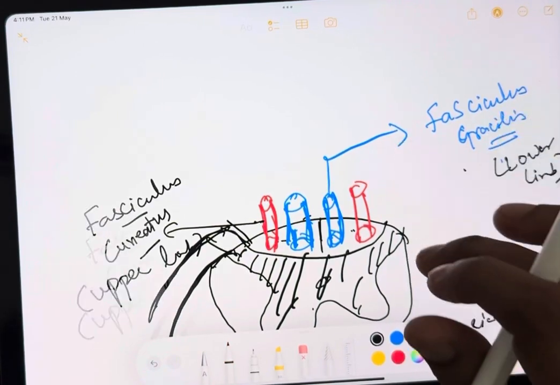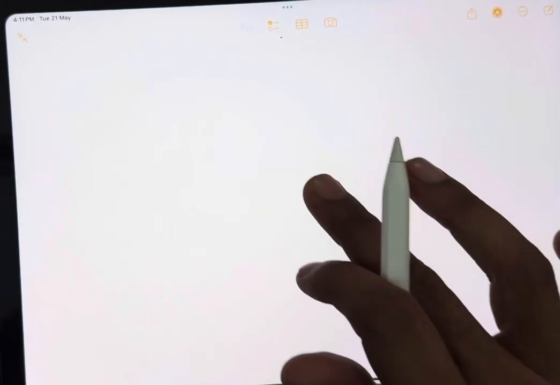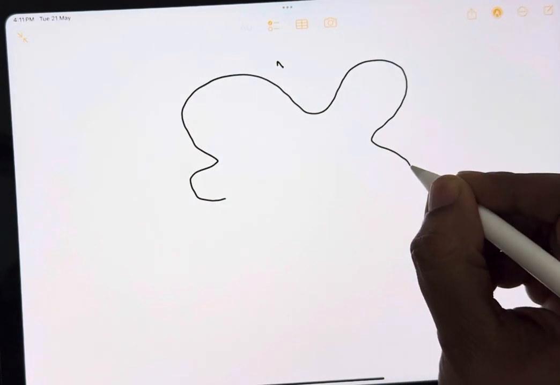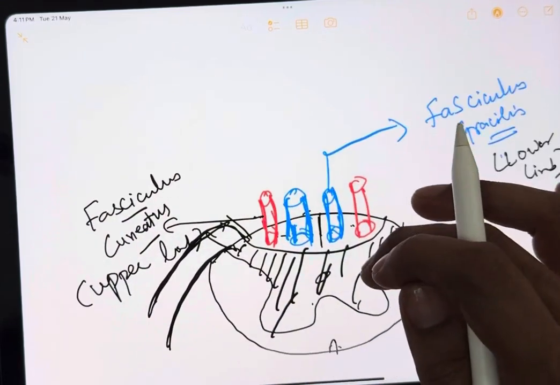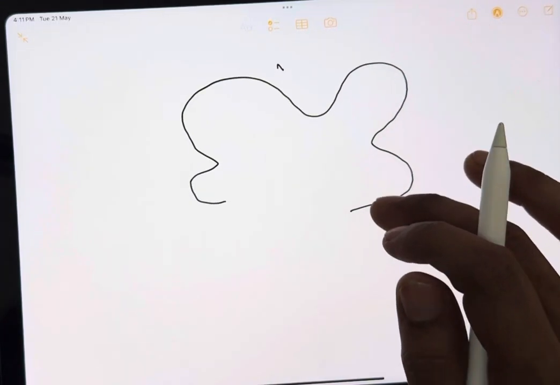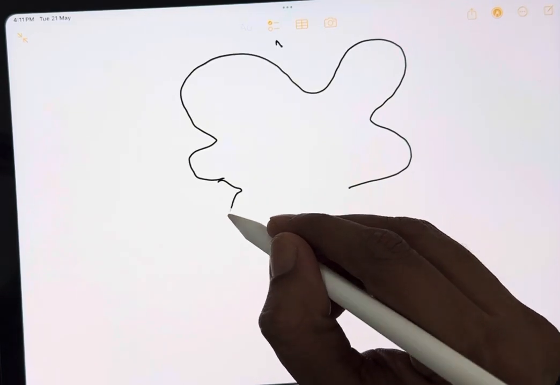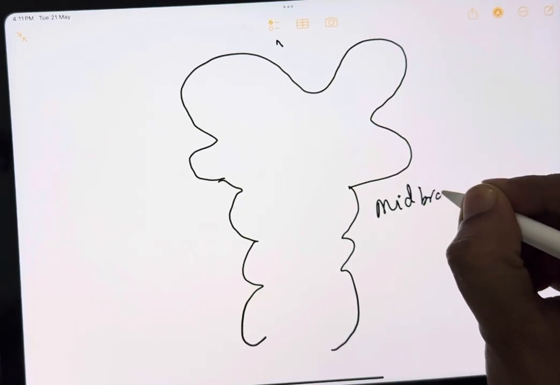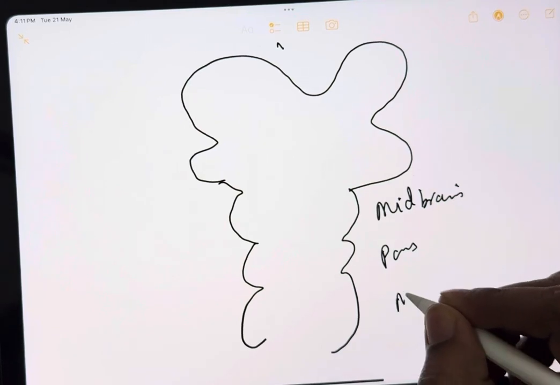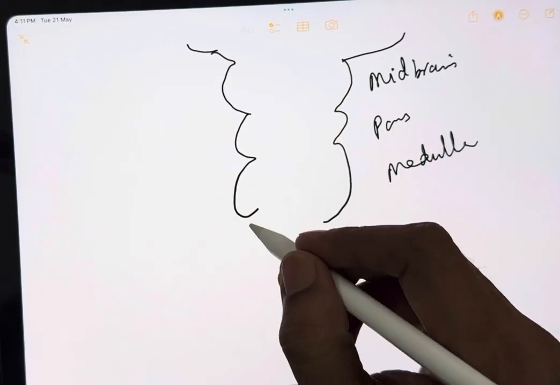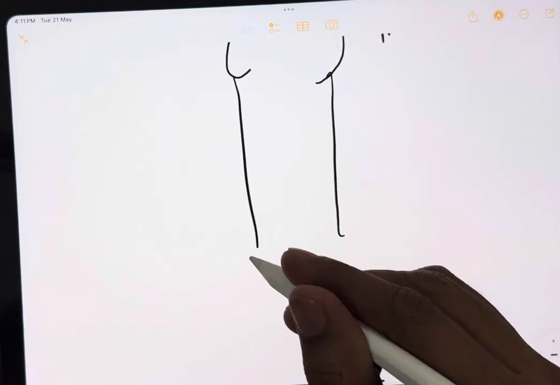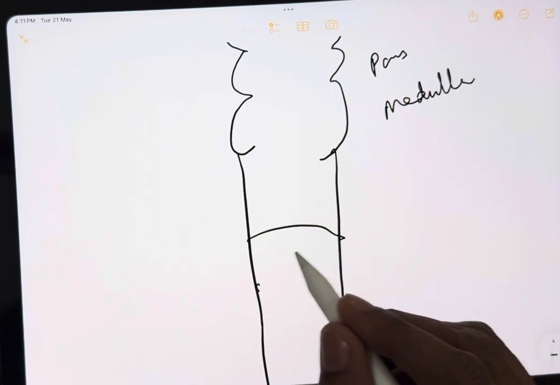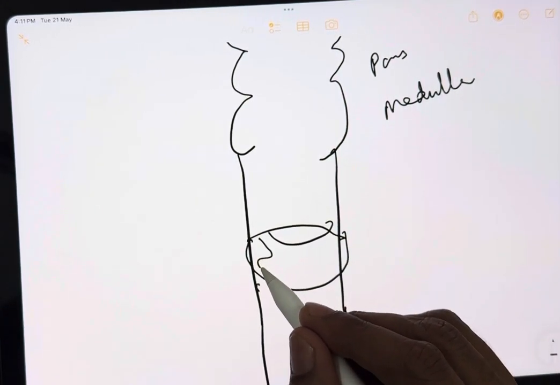I will draw a rough line diagram of the cerebral cortex, then the structures of the brain stem: midbrain, pons and medulla. It is continuous as the spinal cord. Now I will draw the cut section of the spinal cord here once more.